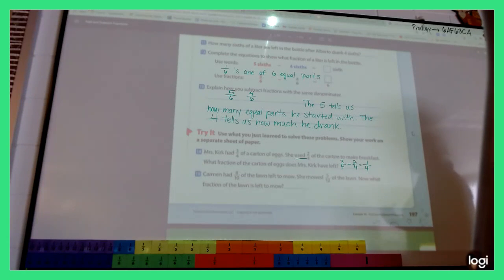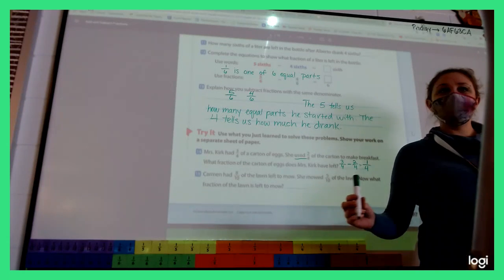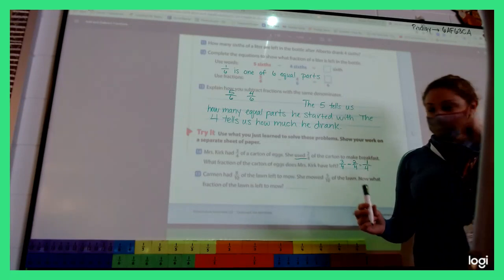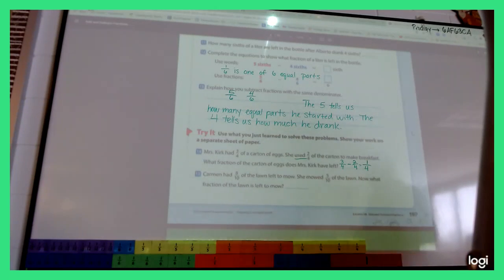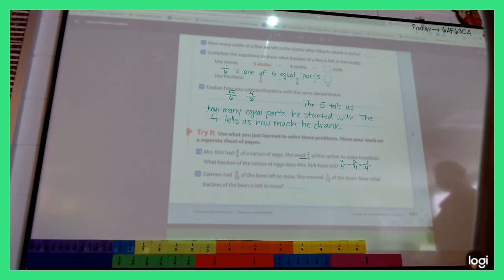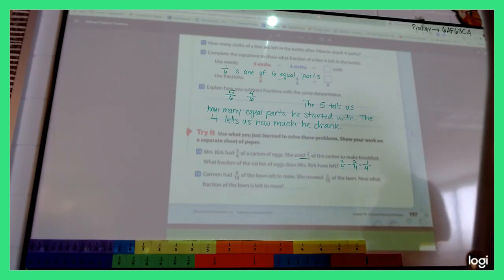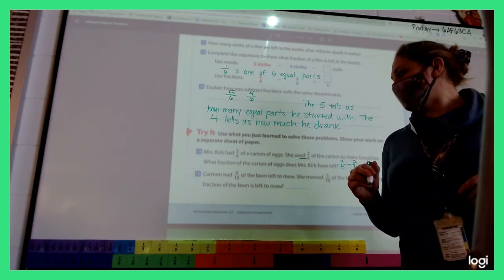All right. Number 15. I need a reader. Cadence. Anna has 8/10 of the lawn left to mow. She mowed 5/10 of the lawn. Now what fraction of the lawn is left to mow? Okay. So we have to subtract, but how much did she have to mow at the beginning?